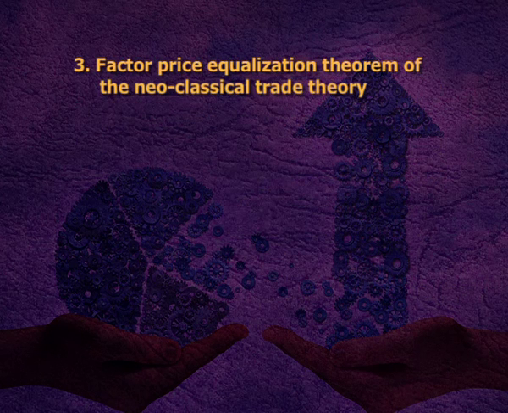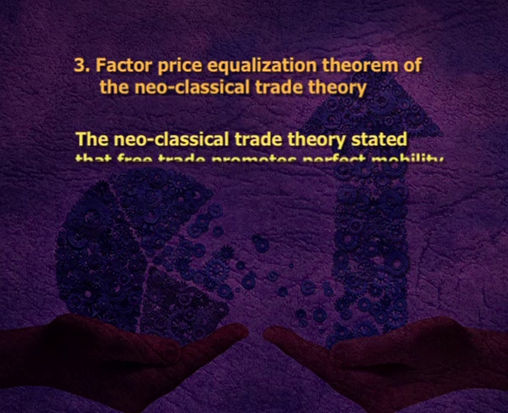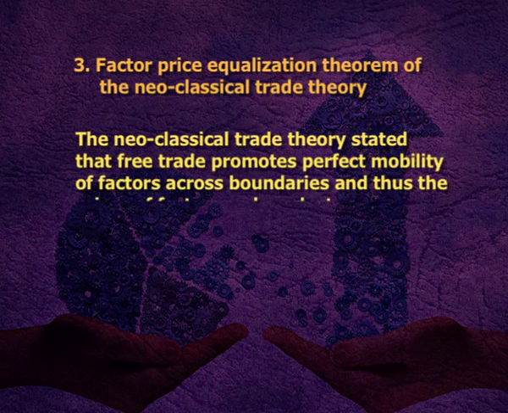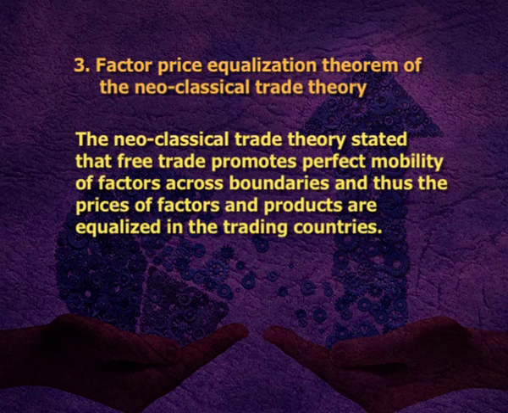Third, let us also see the factor price equalization theorem of the neoclassical trade theory. The neoclassical trade theory stated that free trade promotes perfect mobility of factors across boundaries and thus the prices of factors and products are equalized in the trading countries.